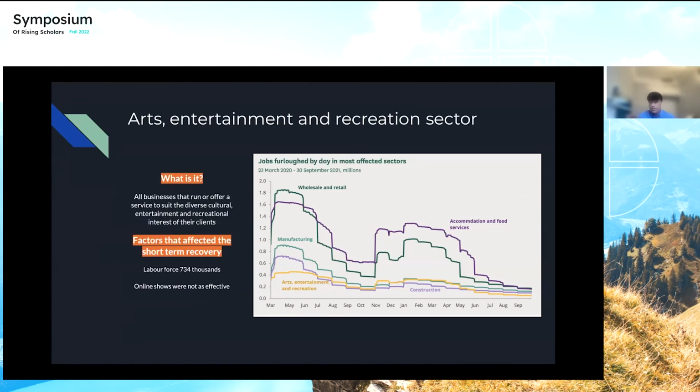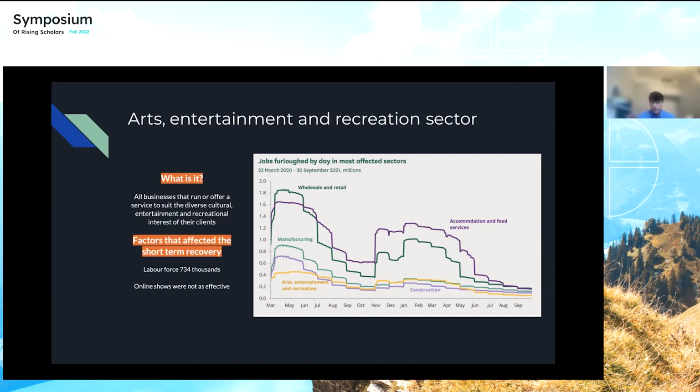Now we can specifically analyze the second sector of today's presentation, which is the arts, entertainment, and recreation sector. Also here, it's crucial to understand what it is: numerous businesses that run facilities or offer services to suit the diverse cultural, entertainment, and recreational interests of all the clients.